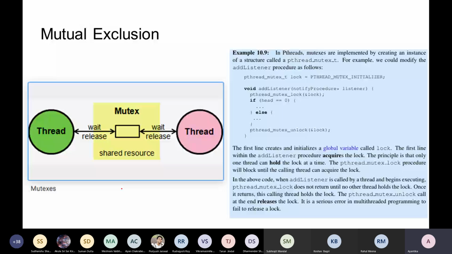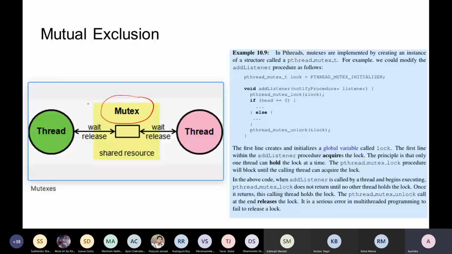That means maybe a thread is sometimes updating the data, and in between another thread is reading the previous old data, and it is continuing its execution based on that. So that is the challenge, and to solve this challenge, one solution is this mutex solution.